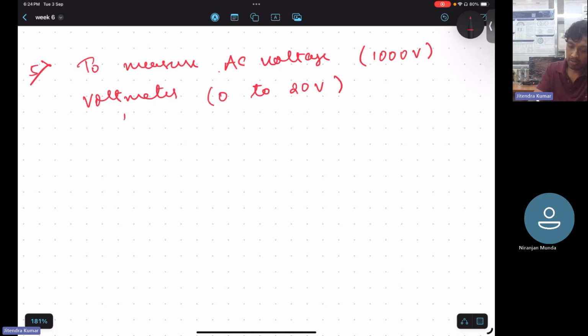Now this voltmeter has an internal resistance equal to 1000 ohm. Now we'll have to use a suitable PT to change the range of our voltmeter, right? So basically, a potential transformer is stepping down the voltage, right? So we'll have to use a potential transformer of what ratio?